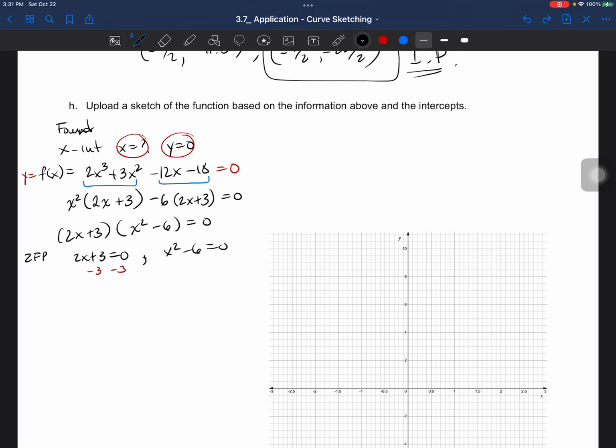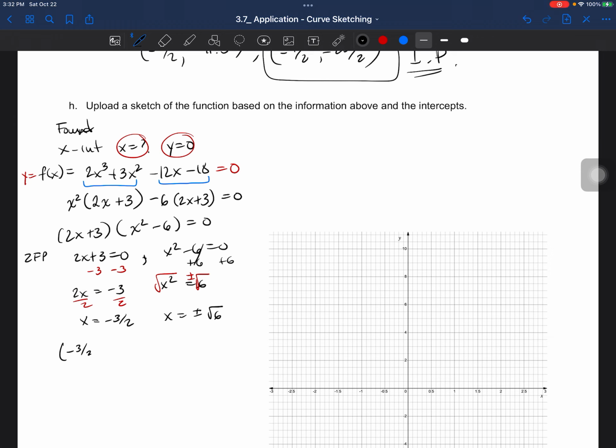We solve for x on both of them. 2x equals minus 3, and x squared equals 6. Divide by 2, square root both sides, plus or minus, and then we end up getting x equals negative 3 halves, and x equals plus or minus square root of 6.